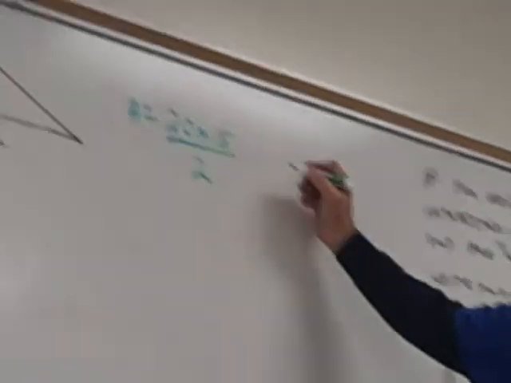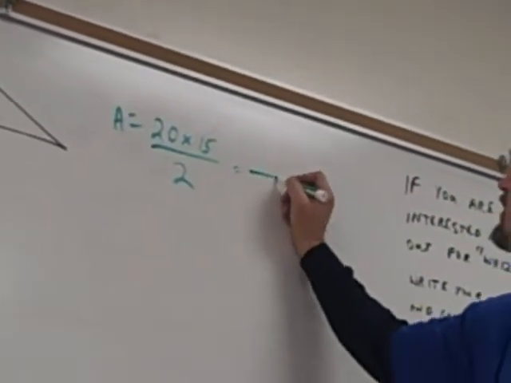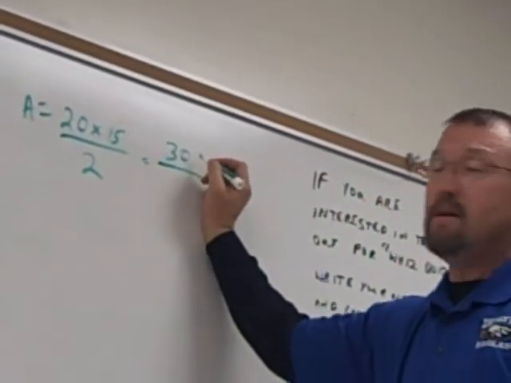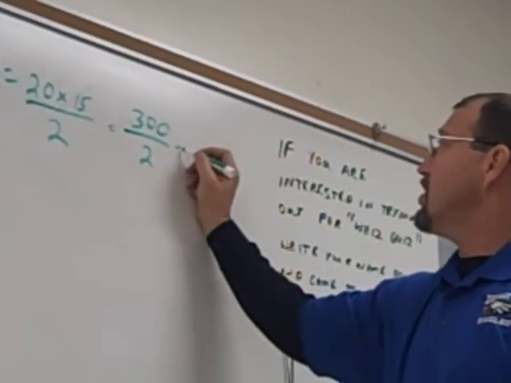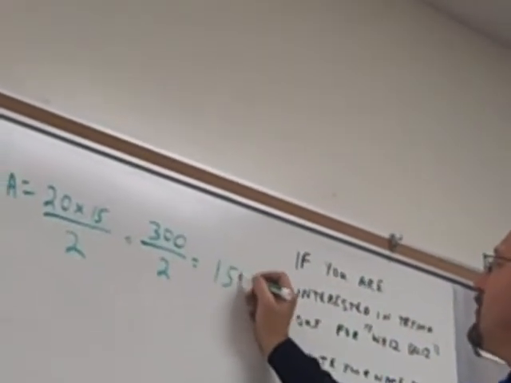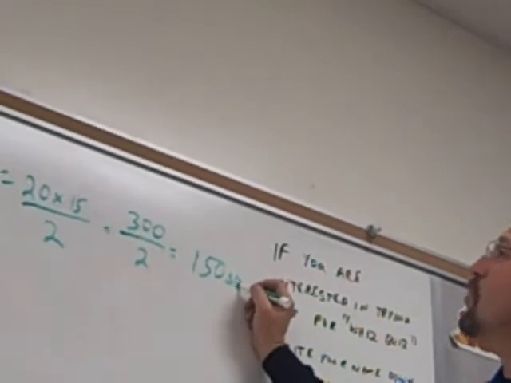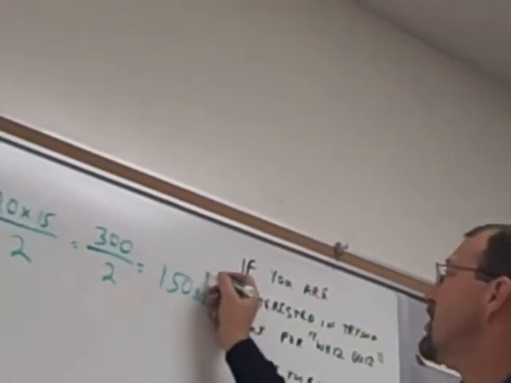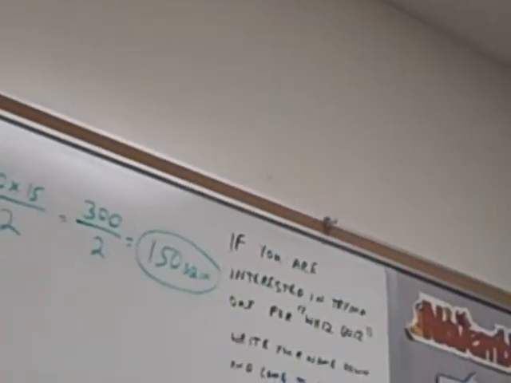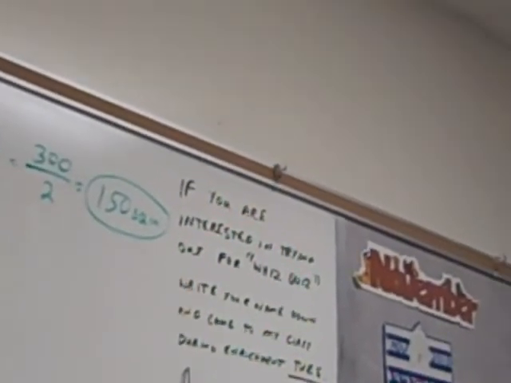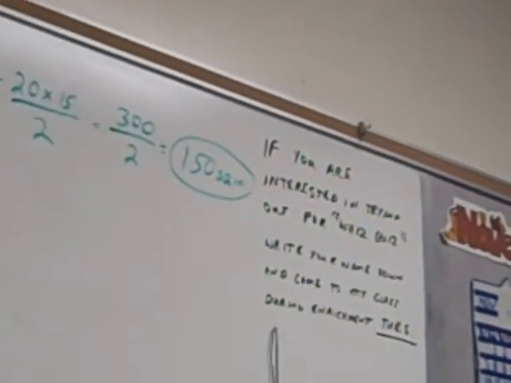All right, 20 times 15. Now let's work it. 300, and divide by 2. 150 square inches. We talked about how to say it yesterday. You really need to say the square first to be mathematically correct.